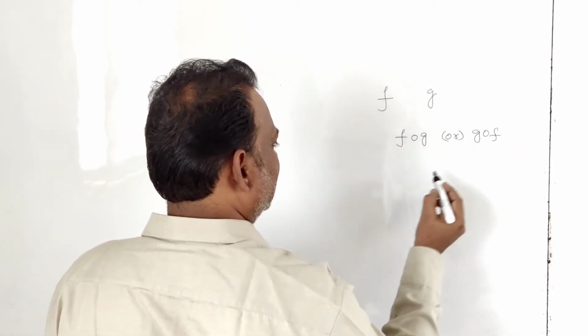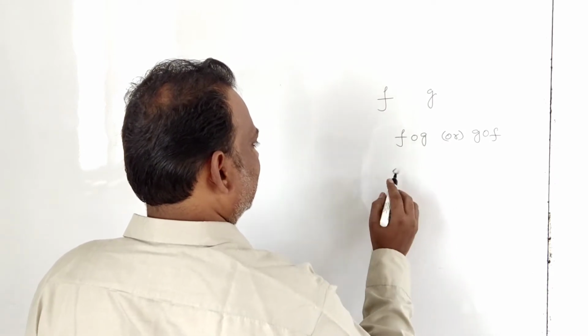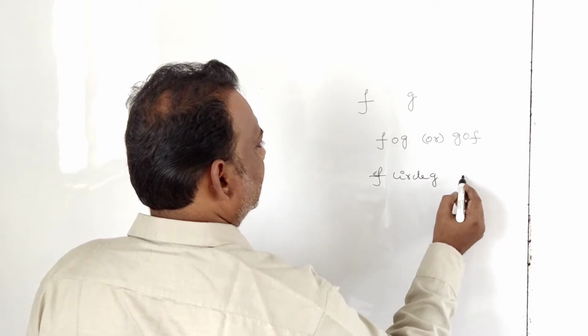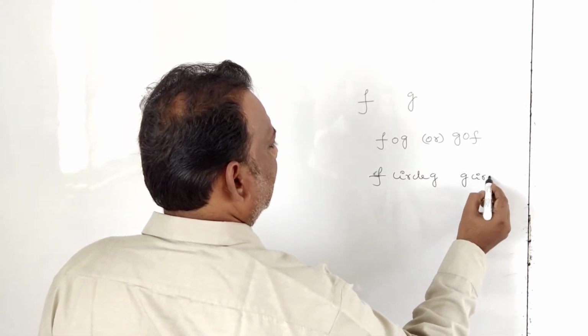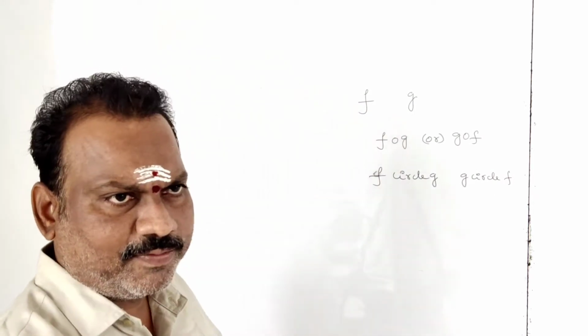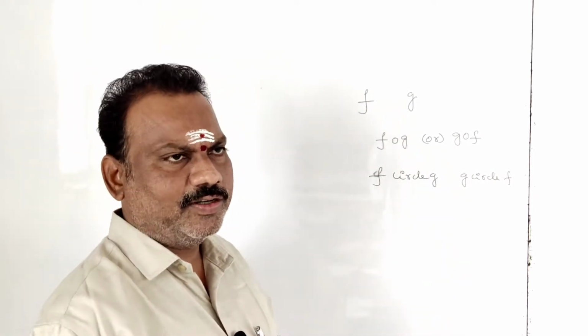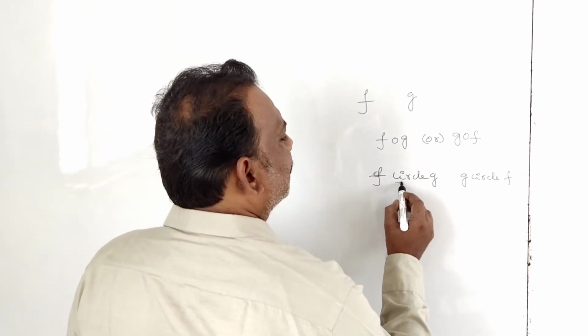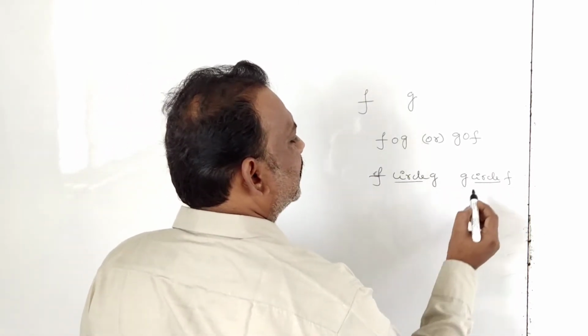You have to read it as f circle g, and this is g circle f. Don't call it f o g. You have to read it as circle: f circle g, g circle f.